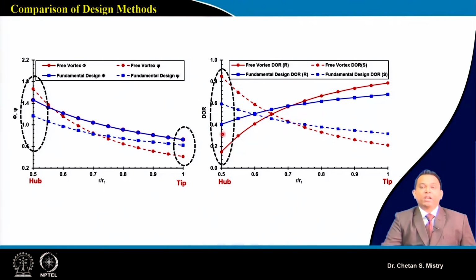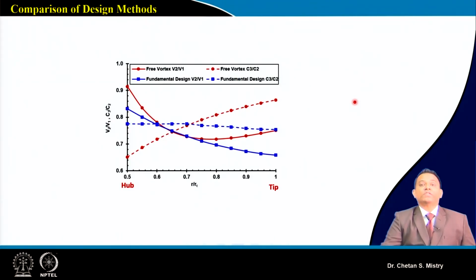If we are talking about the stator, the degree of reaction is coming to be larger, because the work that needs to be done by the stator is on the higher side. Now, comparing both the methods, we are having good control in sense of my degree of reaction. We can say it is more in the tip loaded case, and that has been reflected here in the variation.